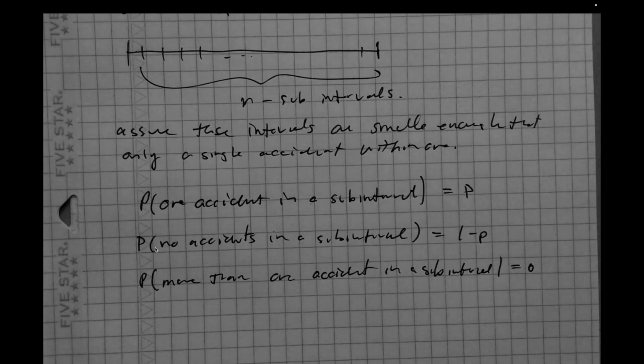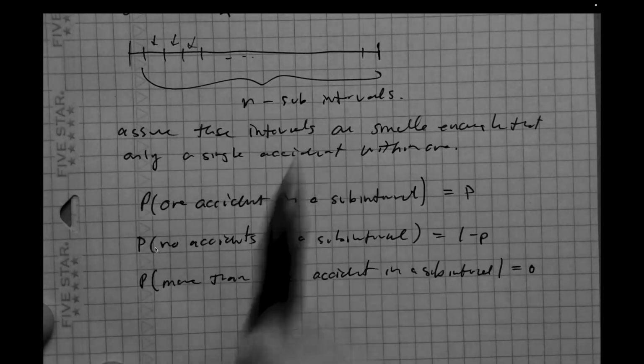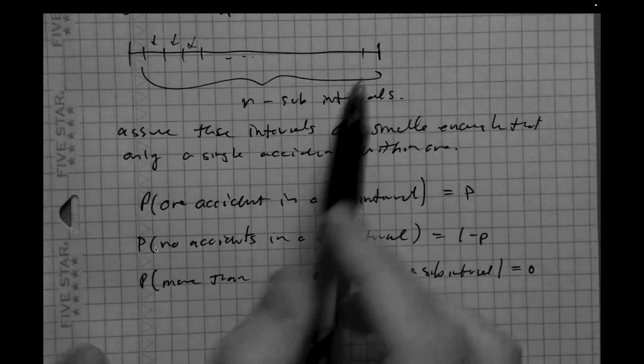Given this setup, you could potentially have an accident here, one here, potentially one here, across some total length.